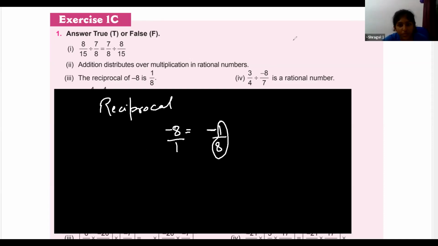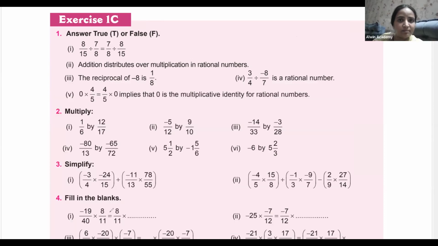Ma'am, can we write reciprocal as multiplicative inverse? हाँ जी बेटा. Yes, beta. Yes. We did that, no? When we understood multiplicative inverse.